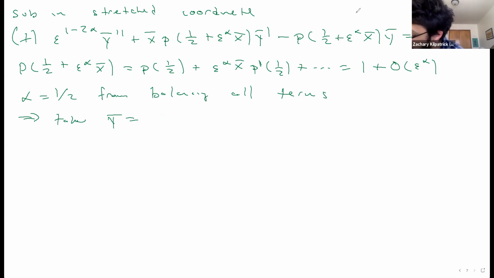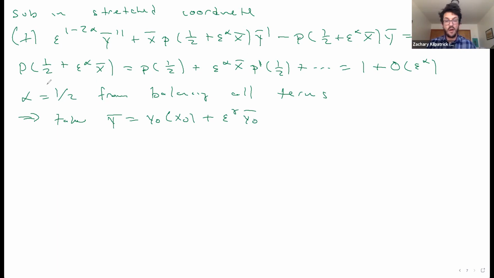Y bar I can write as y0 at x0, whatever that is, plus, and I could take a regular perturbation expansion, but I'm going to take an arbitrary scaling of my first correction term. You often don't have to do this for plain old interior layers, but for corner layers, sometimes you end up having to match the scaling of your stretch coordinates.